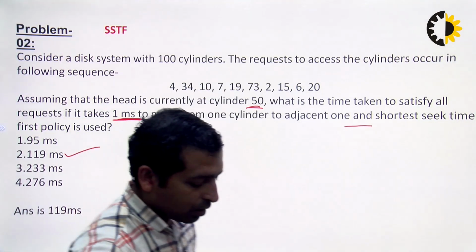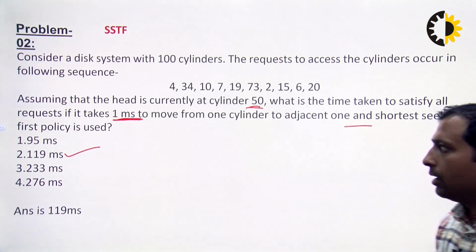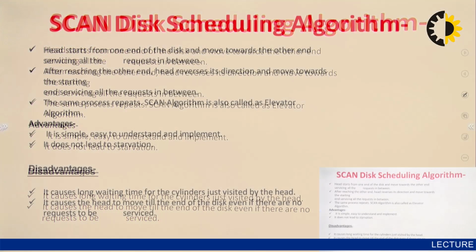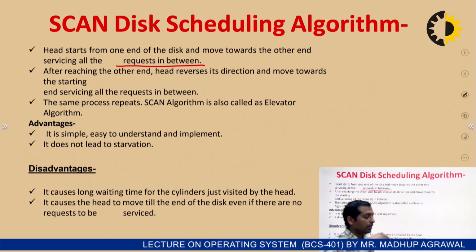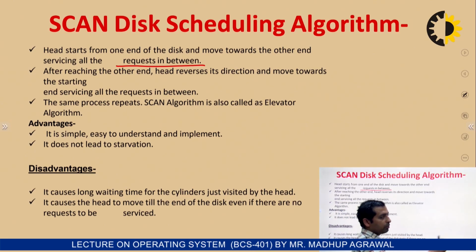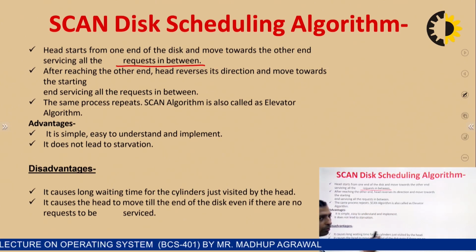Okay, now we can see another algorithm. The head starts from one end of the disk and moves towards the other end, serving all the requests in between. If our head is moving in the forward direction, then all the requests in that particular direction will be served. If it is moving in the backward direction, then all the requests on that path will be served.